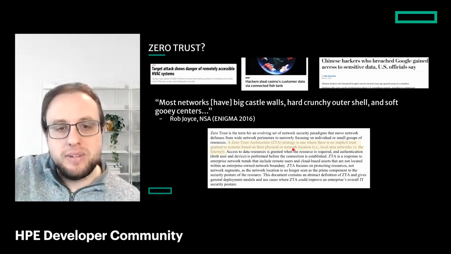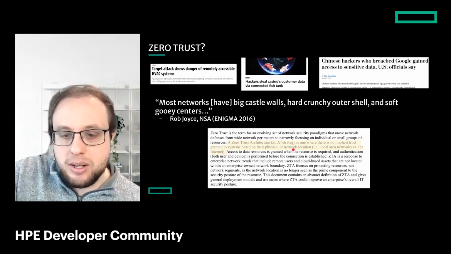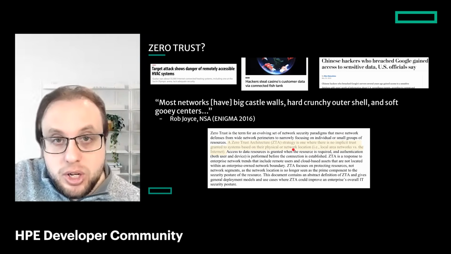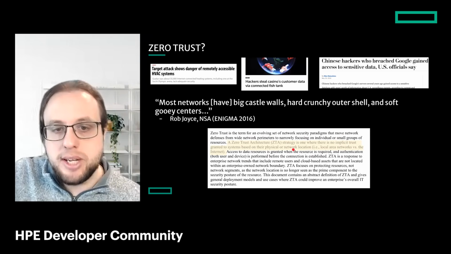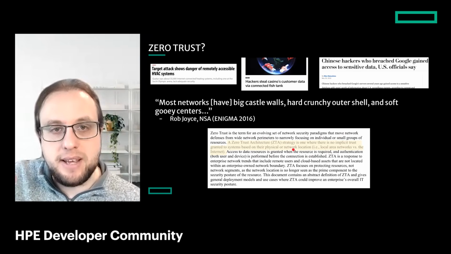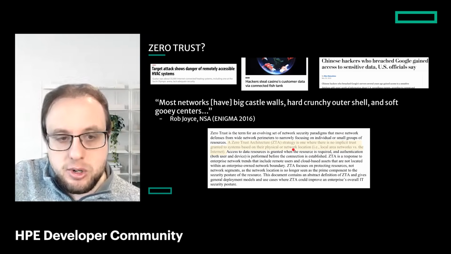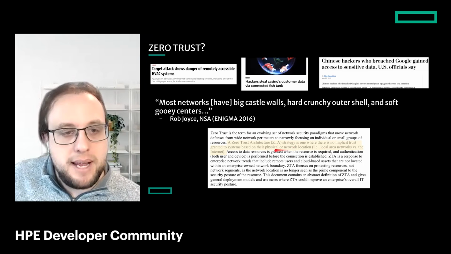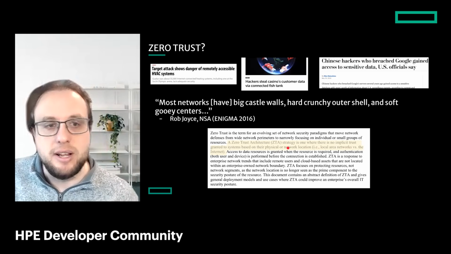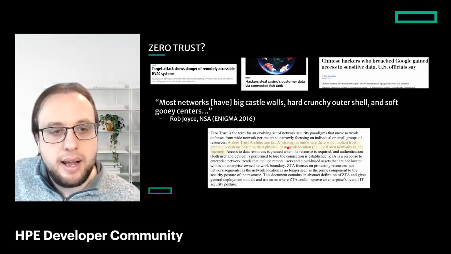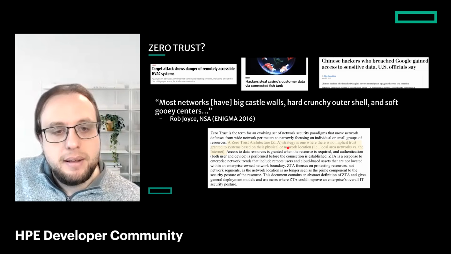So whether your service is running in a particular cloud or a particular cloud account, or a particular region within one cloud, or a particular data center doesn't grant it any specific permission to access other services. And you can find this document easily if you search for NIST zero trust definition, and it goes into a lot of detail about exactly what that means.